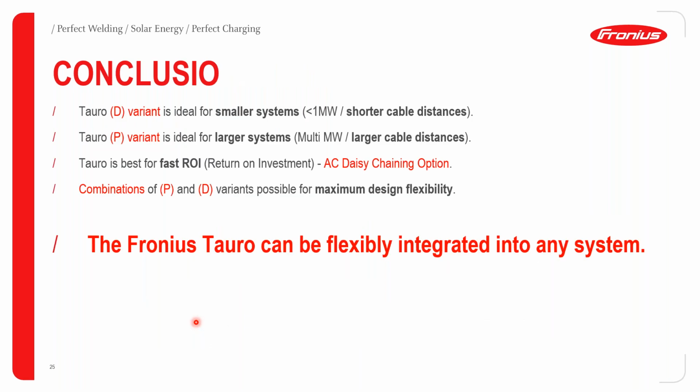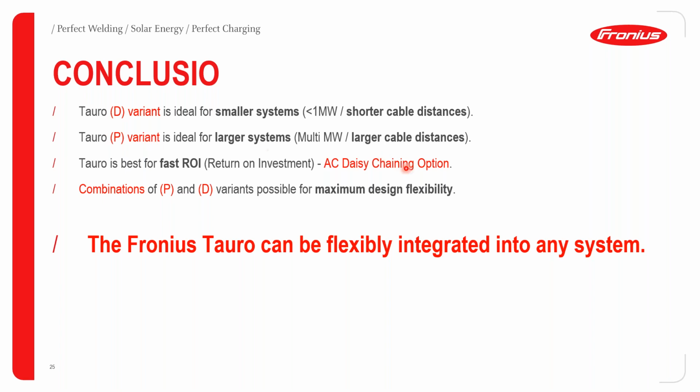So about the direct variant, Tauro D, this is really ideal for smaller systems. Let's call it below 1 megawatt peak systems and shorter cable distances. And the pre-combined version, Tauro P, is really ideal for larger systems, multi-megawatt, and also for larger cable distances.